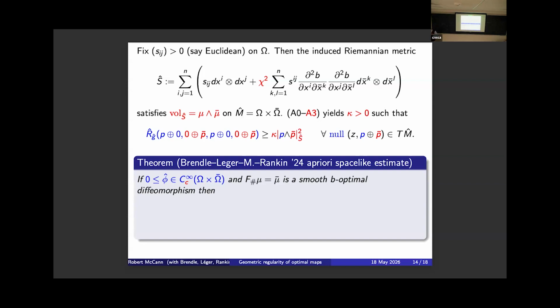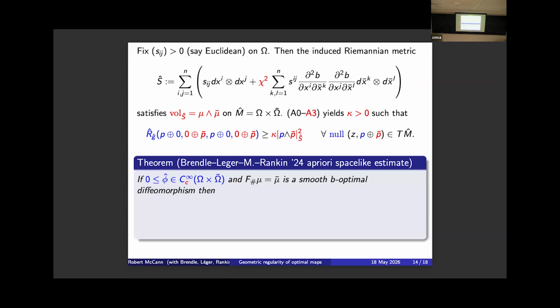Somehow if I'm asking about this optimal mapping problem, and I ask, does it have a smooth answer or not? If the answer is yes in one coordinate system, it should be yes in all coordinate systems. And since A3 is almost a necessary and sufficient condition for regularity, A3 ought to have a geometrically invariant description. And this is the geometrically invariant description.